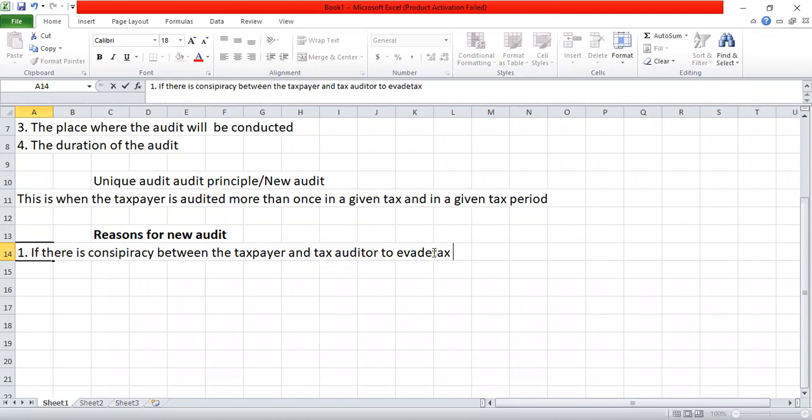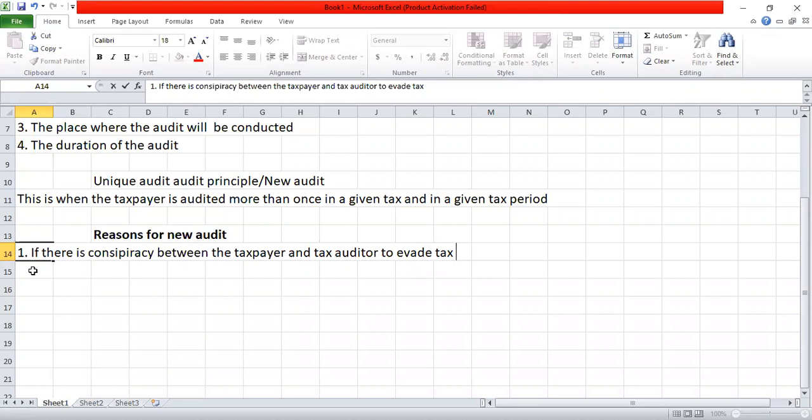If the taxpayer colludes with the tax auditor with the aim of evading tax, in that case, a new audit will be conducted. So the tax auditor and the taxpayer can negotiate with the aim of evading tax. Then a new audit is going to be conducted.